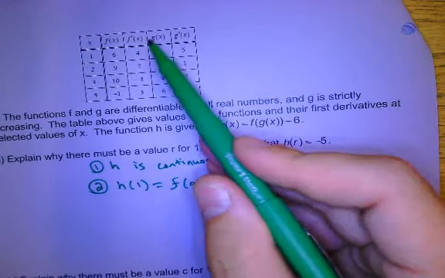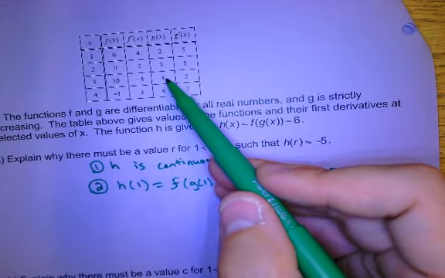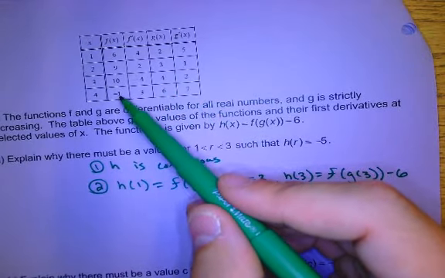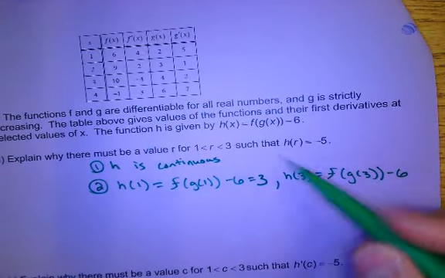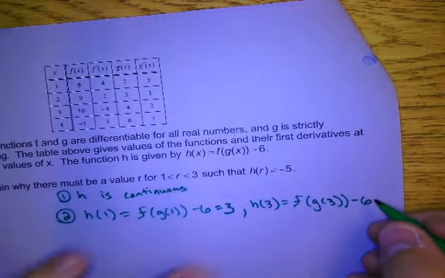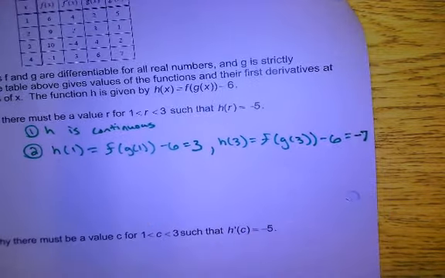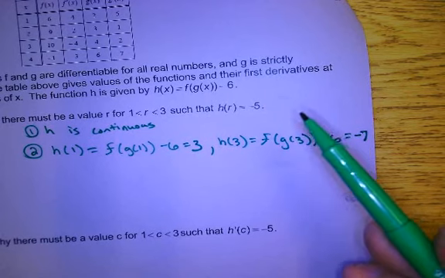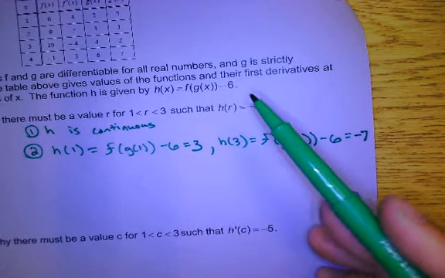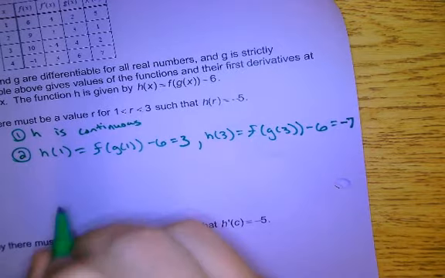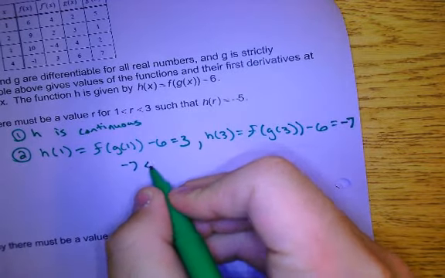Well, what is g of 3? 4. What is f of 4? Negative 1. So I have negative 1 minus 6, which is negative 7, you all said? That's great. So what's my k value in this one? It's negative 5. So negative 5 is in between those, correct?